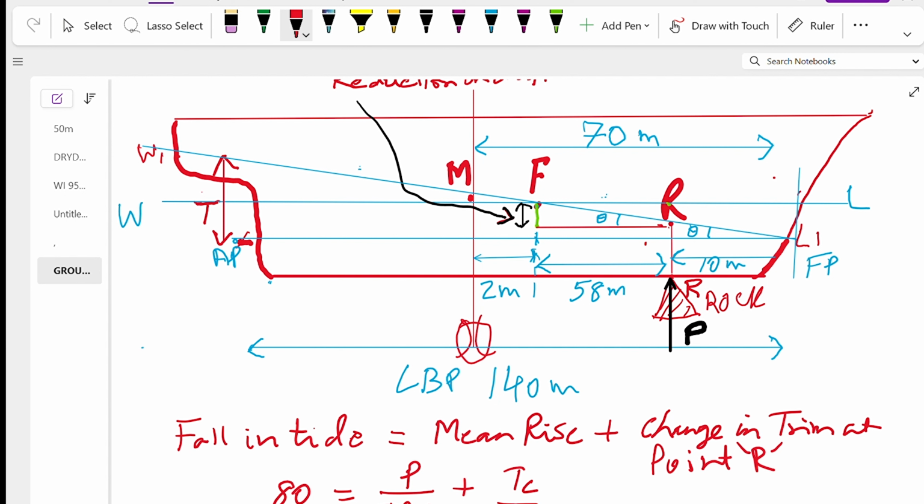So total change in the trim is over a length of LBP. So change of trim upon LBP into distance of this position location R from center of flotation, which is RF.